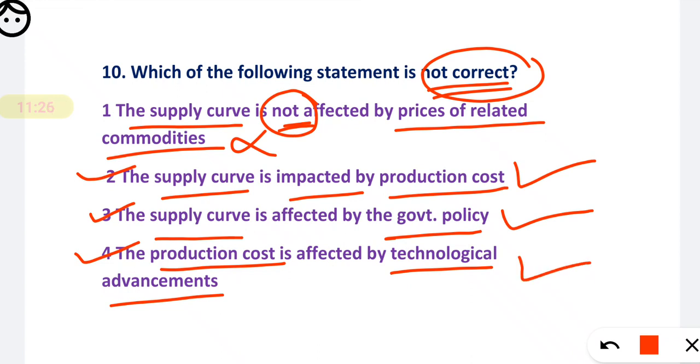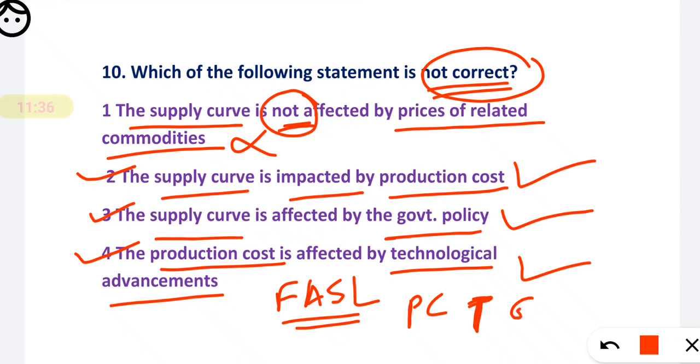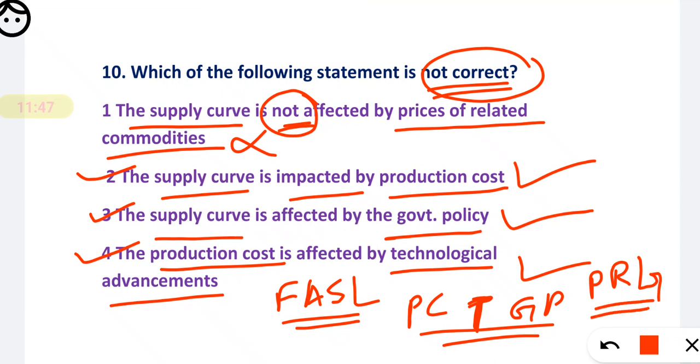So friends, we know the factors affecting the supply curve: the production cost, technological advancement, the government policy, and also the price of related goods. So here they have given a negative statement, so the first option is the correct answer, which is not correct.